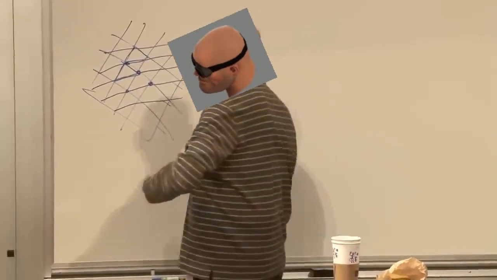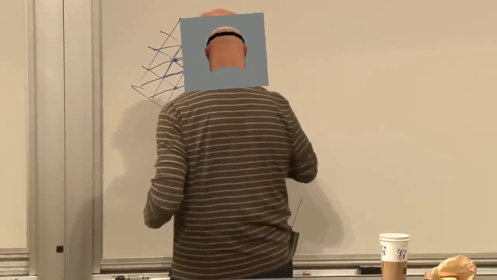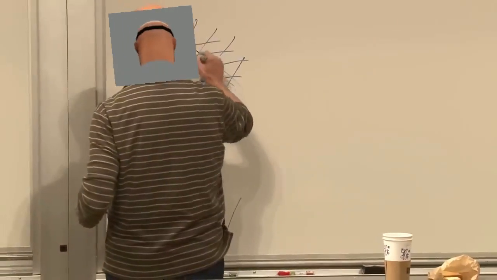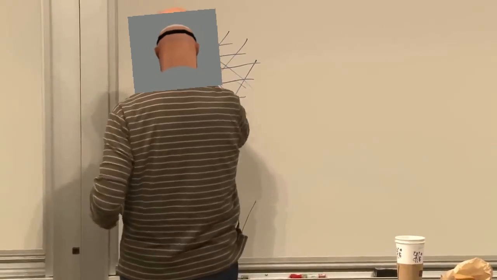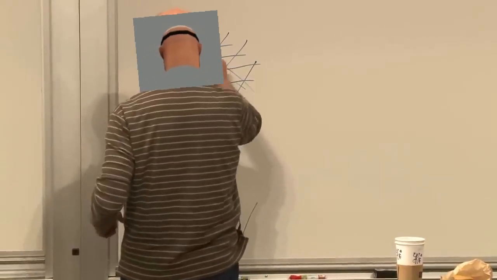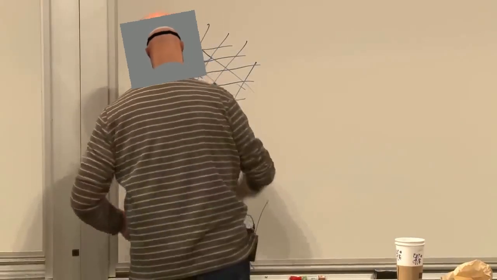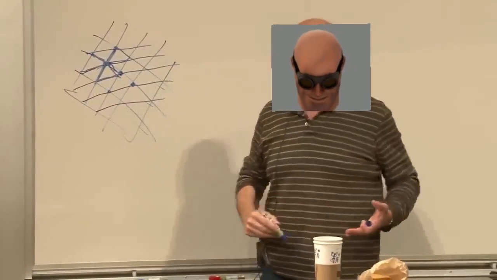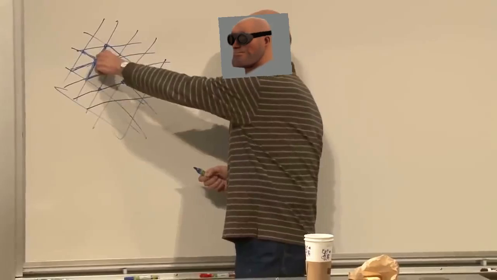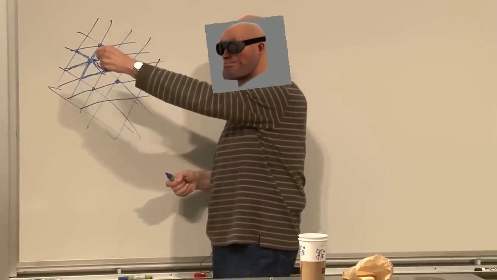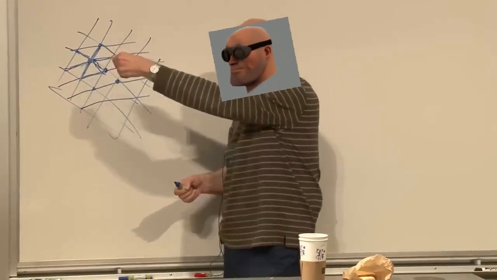On the other hand, if we were to take several of these lengths, all the ones coming into some point over here, this one, this one, this one, this one, this one, and this one, 6 of them, and we were to double the size of them, then this point would have no choice but to come up out of the blackboard or into the blackboard.